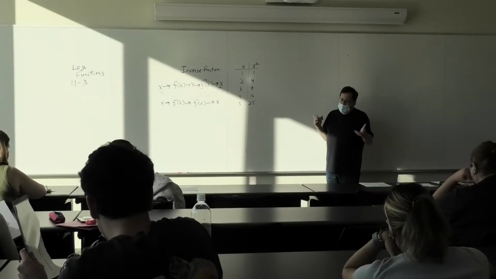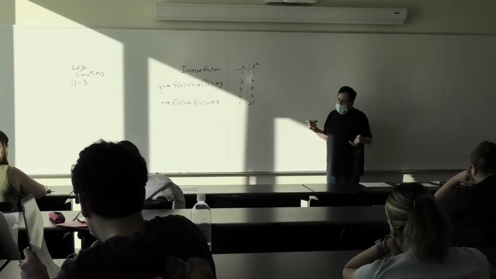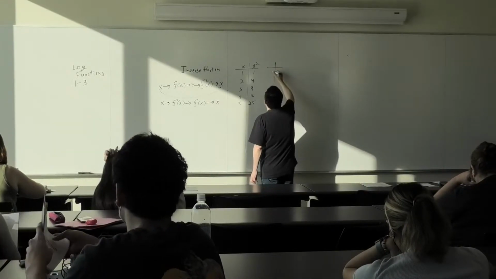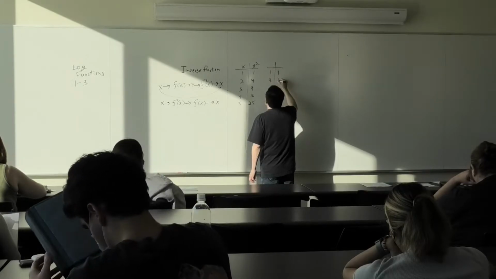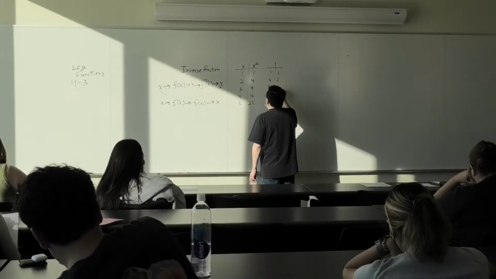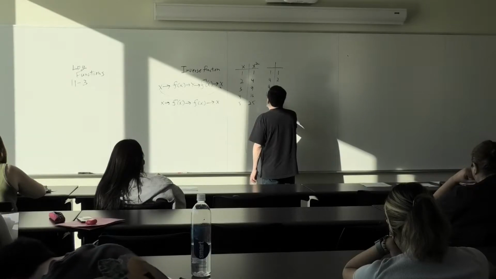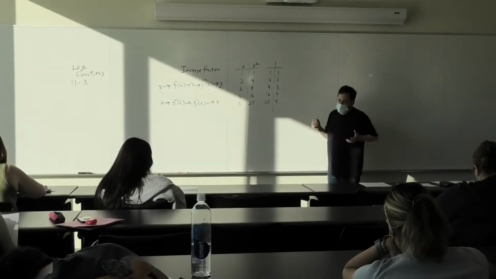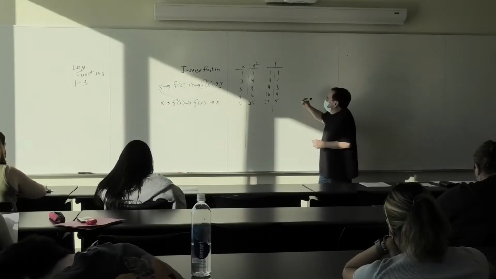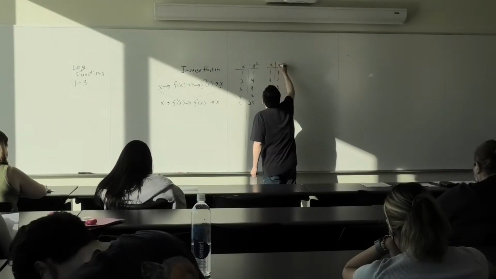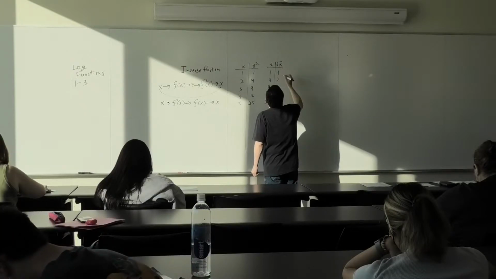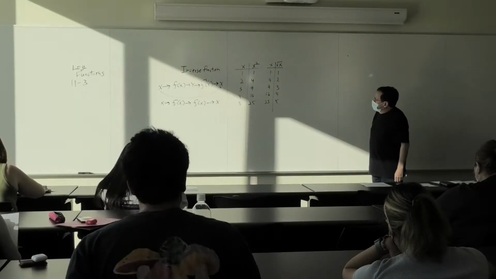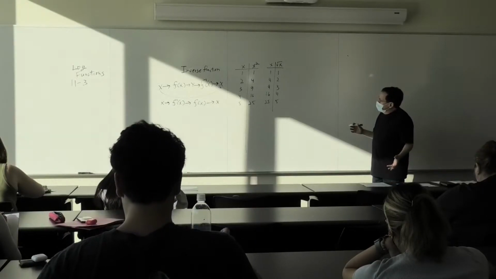If I write the table backwards, 1, 1; 4, 2; 9, 3; 16, 4; 25, 5, I'm describing the inverse function, which just happens to be the square root of x. Okay, so that's the idea of an inverse function.